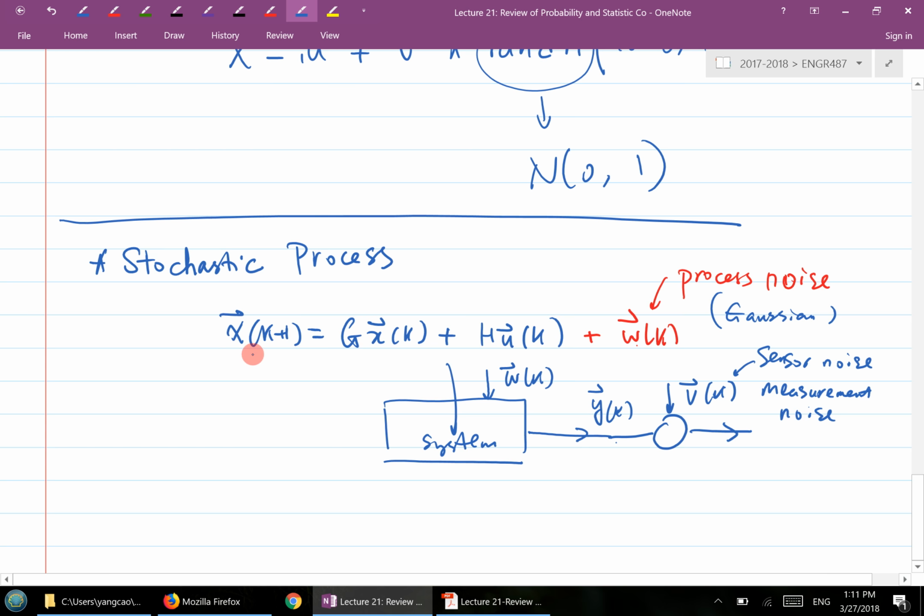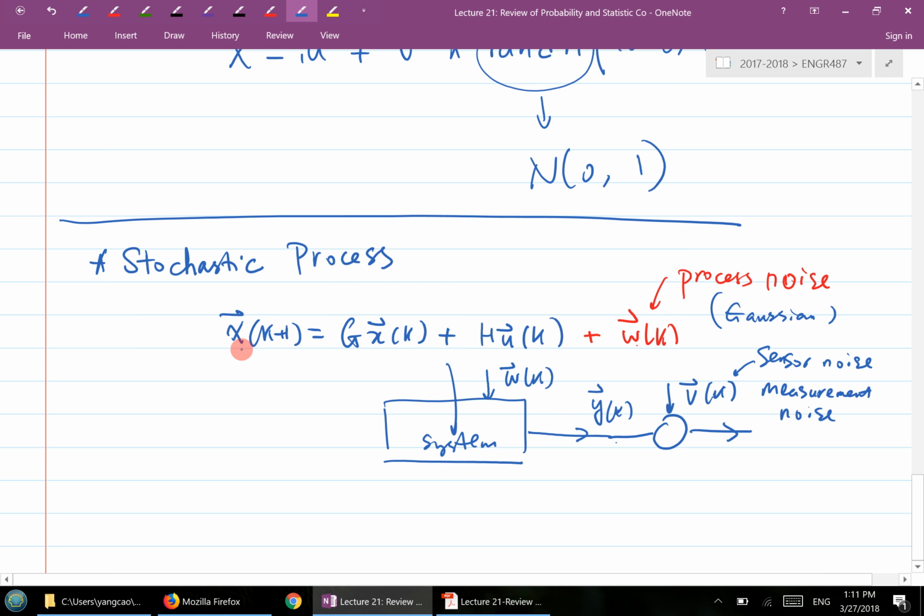The state vector, or state variable x, will also become a random variable. Because you put a noise into this, and each time the noise will happen at a different value, then x will also take different values.